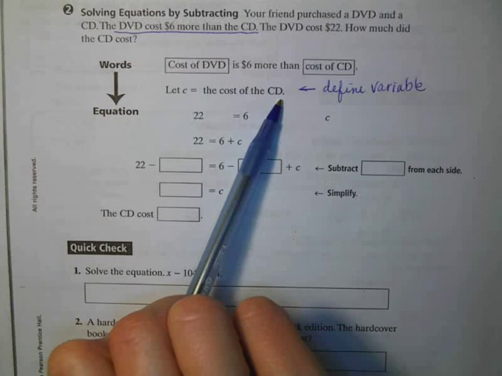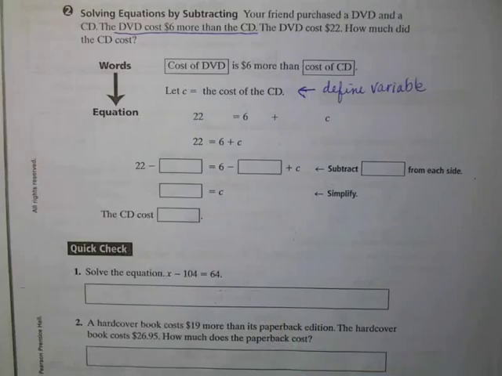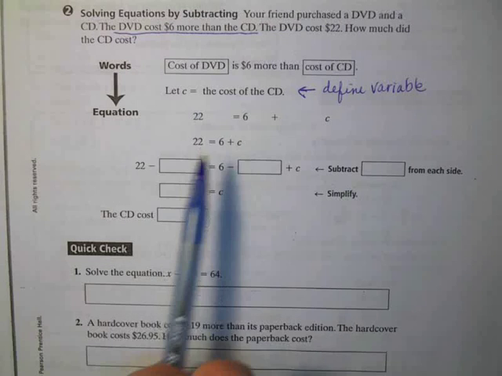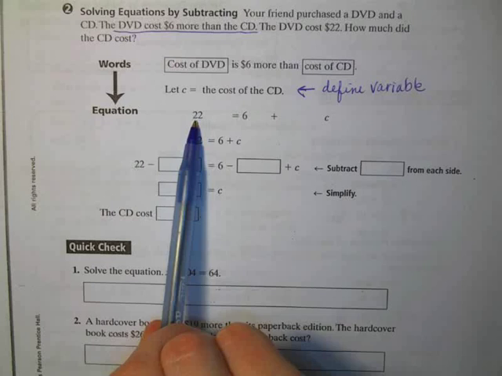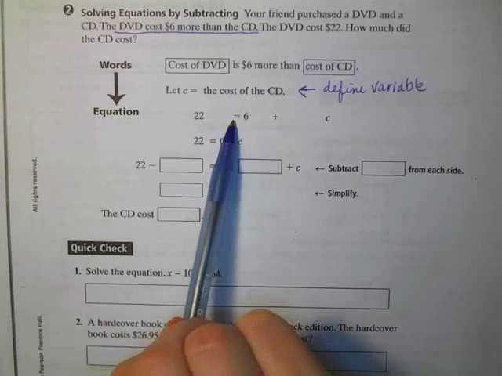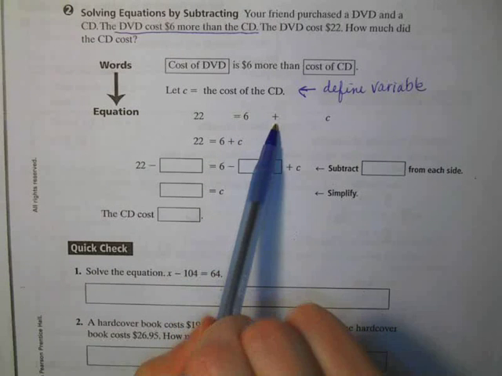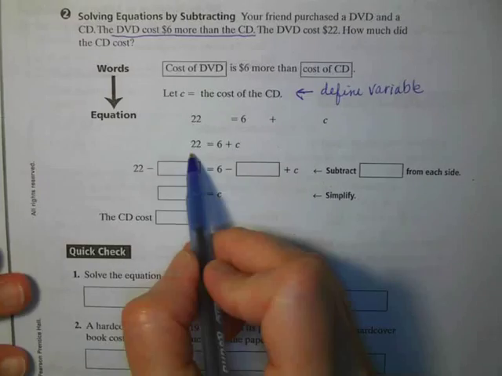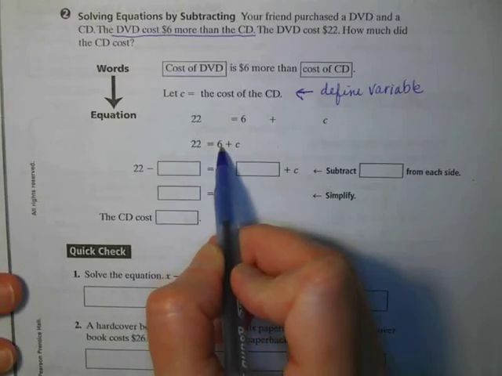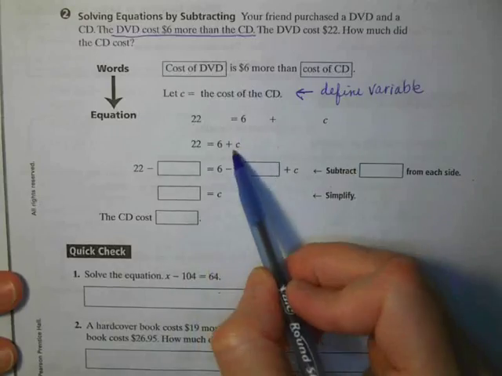And just by writing a little statement like this, it can help you become less confused about what you're doing. I do require it in my algebra classes, by the way, so you're going to want to get in this habit. Okay, so the cost of the DVD is $22, and it equals $6 more than, plus C, the cost of the CD. Okay, so that basically gives me my equation. 22 equals 6 plus C.